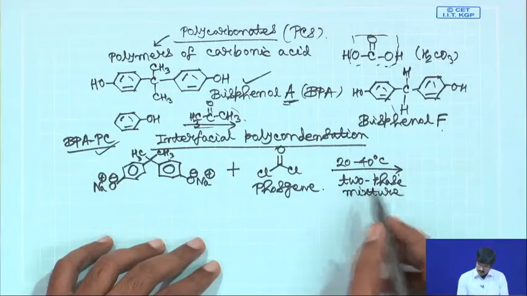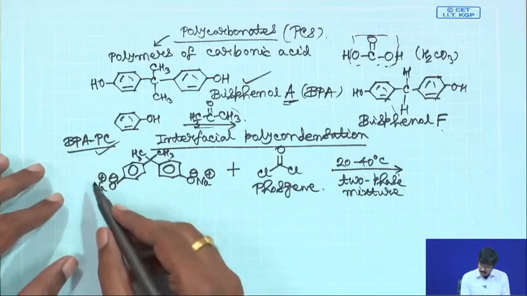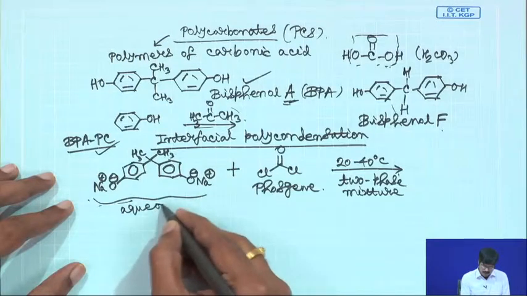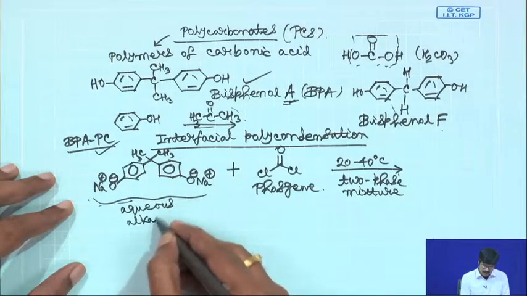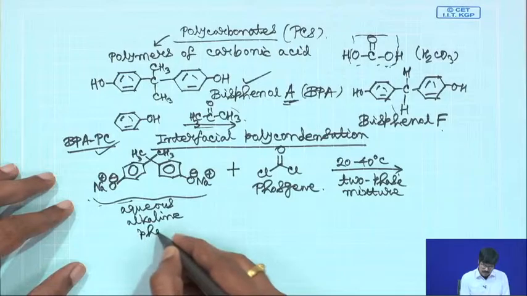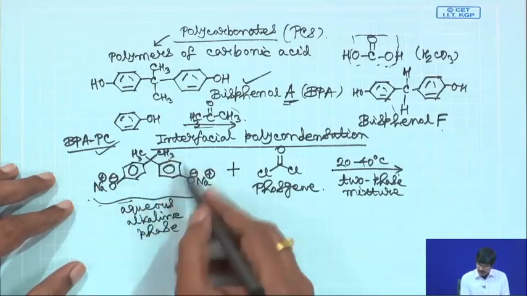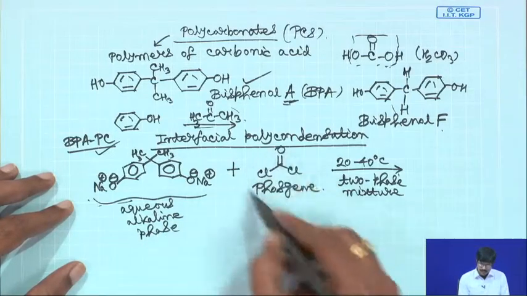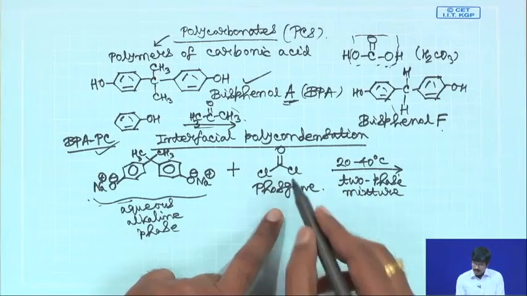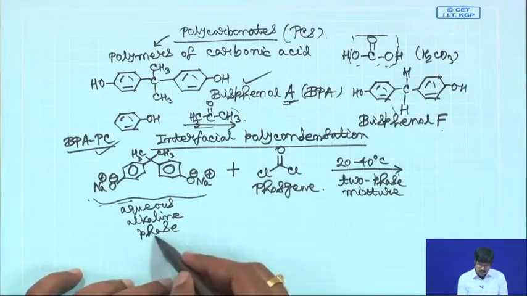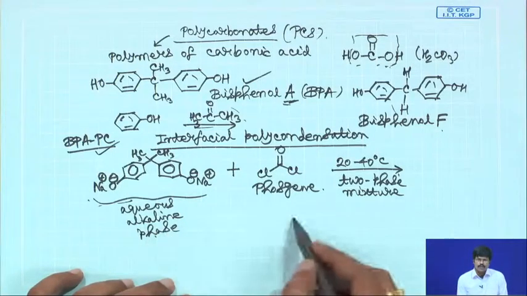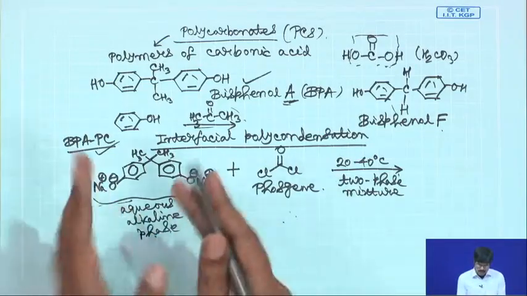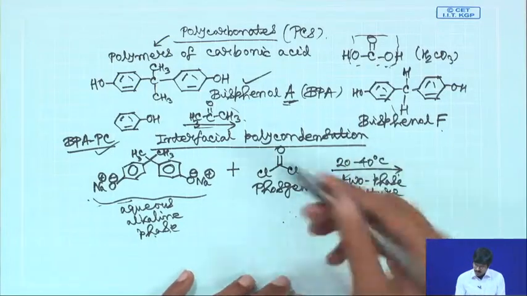mixture. Now, it consists of an aqueous alkaline phase. So, when you add bisphenol A to this system, it forms the phenolate salt, and then this phosgene is in your organic phase, and this aqueous phase and organic phase are two immiscible solvents. So, basically it produces a two phase system.